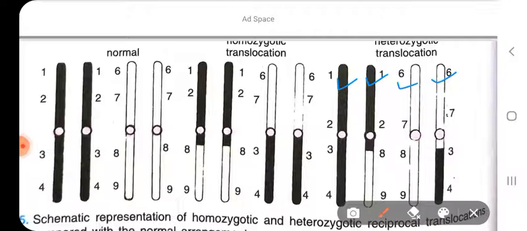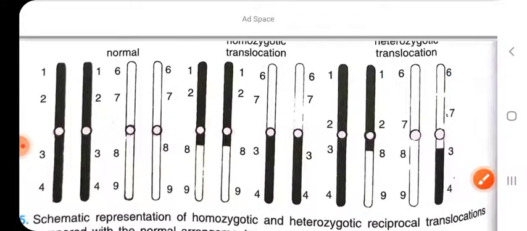So in a reciprocal translocation heterozygote, the two normal and two translocated chromosomes pair, they form a cross shaped configuration at the pachytene stage of meiosis, whereas the normal chromosomes form a bivalent, right?